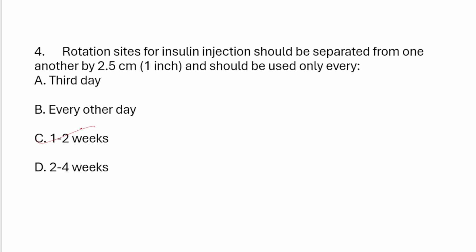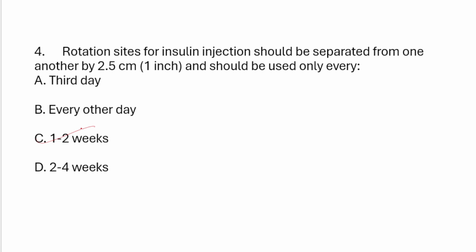The rotation sites for insulin injection should be changed every week or 2 weeks. Frequently using the same spot over time can cause fat cells to break down, building up lipodystrophy, causing lumps under the skin that may interfere with insulin absorption.